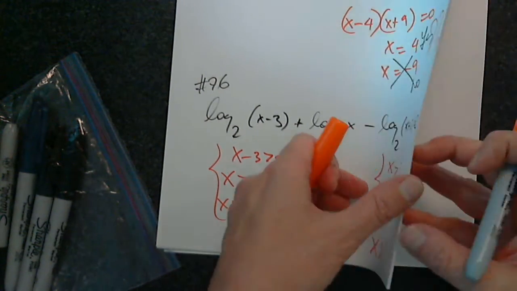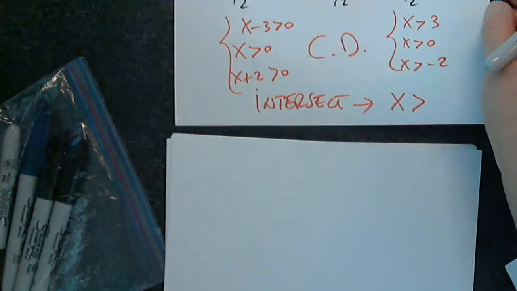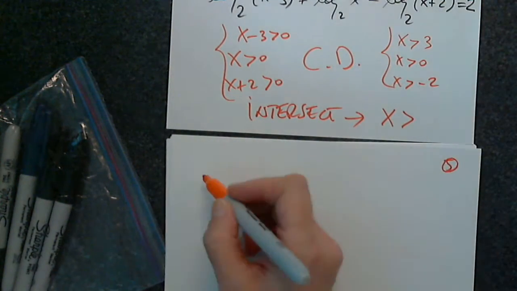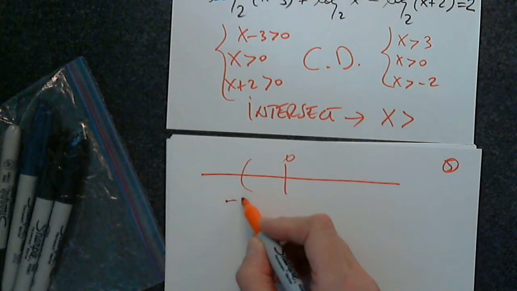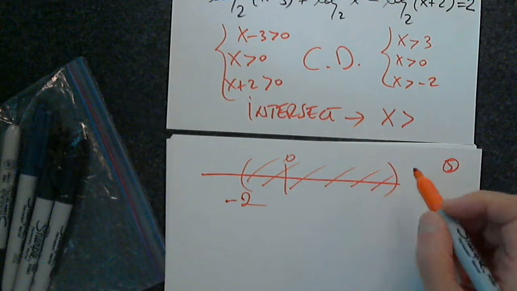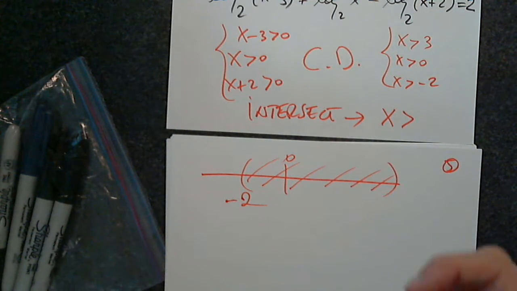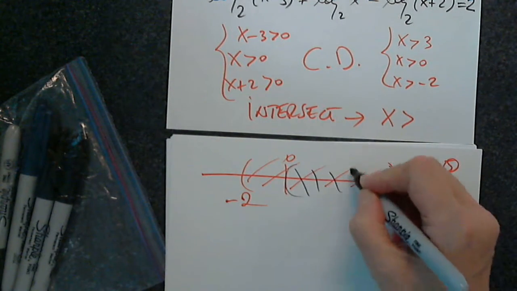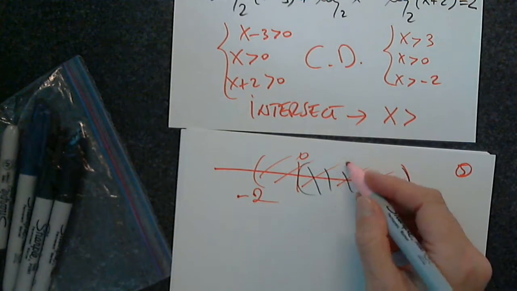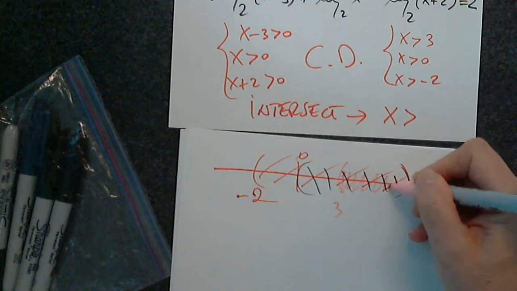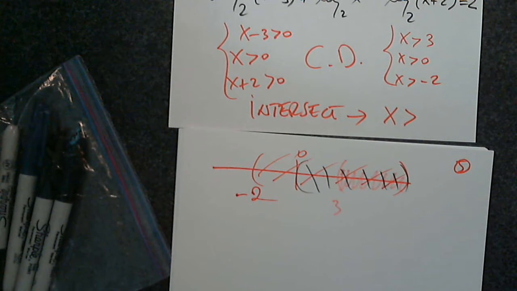Okay, so let's say we don't see that. That's fine. So let's graph it then. From negative 2. From 0. And from 3. I need 3 colors.